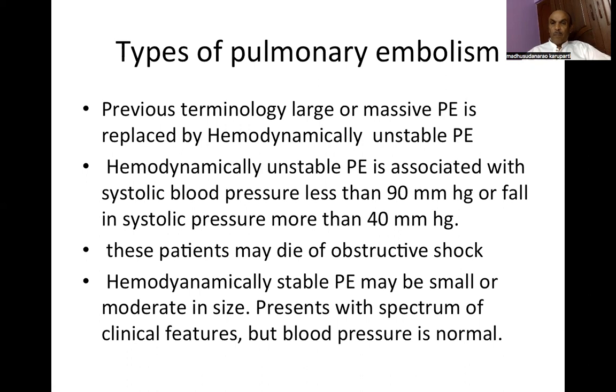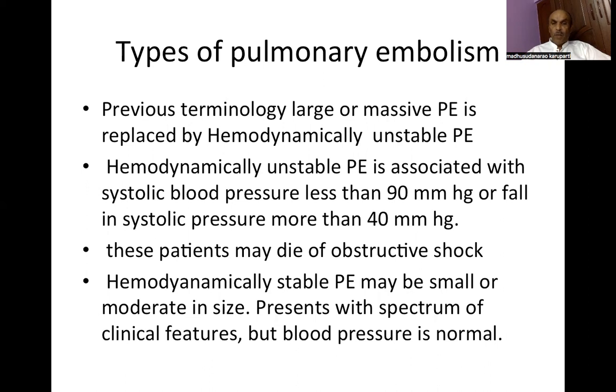Hemodynamically unstable pulmonary embolism is associated with systolic blood pressure less than 90 mmHg and a sudden fall in systolic pressure more than 40 mmHg. This is associated with the high rate of mortality. Unless treated early, the patient is going to die, because of obstructive shock and right ventricular failure.